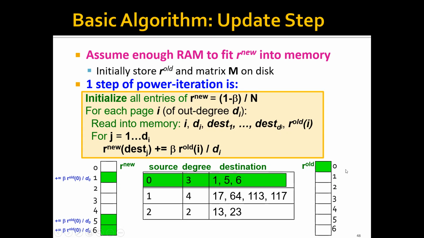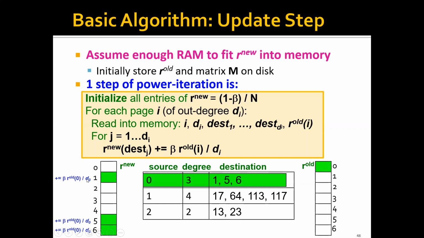Remember that the R old 0 here is stored on the disk. Then after we computed this number, we can then add this number to the entry of the R new here. And since we have 3 destination nodes, 1, 5, and 6, we'll add this same number into these 3 entries.